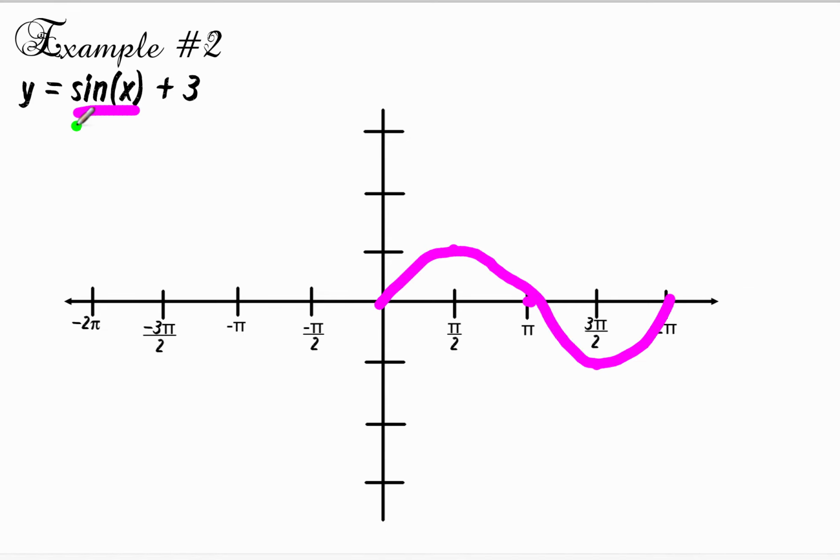They want me to take the sine wave and add 3 onto it. That means every one of these points gets added 3. So 0 plus 3 is 3. 1 plus 3 would be 4. 0. And there's my new sine wave. It's a regular sine wave plus 3.